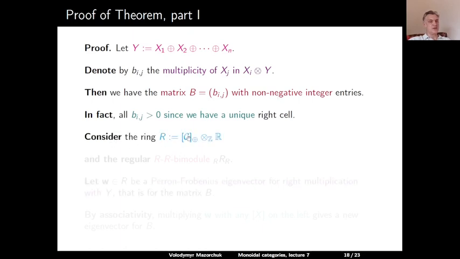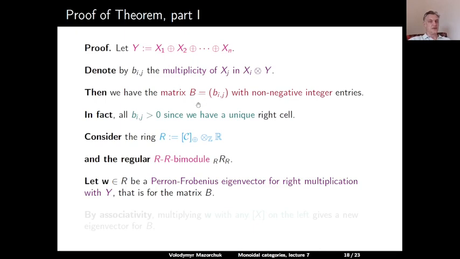Consider the Grothendieck ring of C, and let us extend the scalars in this ring from Z to R. So let us consider the corresponding ring, which we denote by R. Then we have the regular R-module R. Now let us look at our matrix B. So this is a matrix with positive integer coefficients.